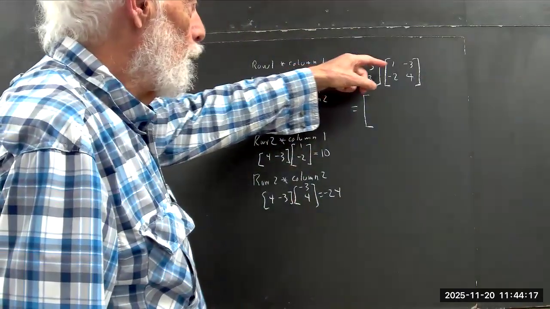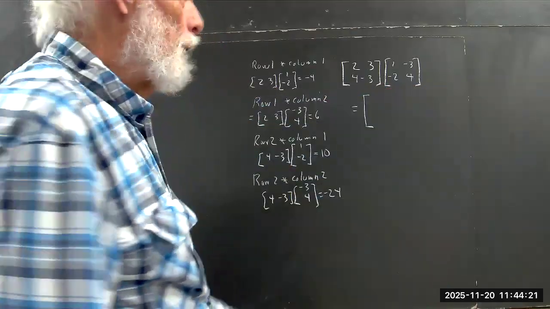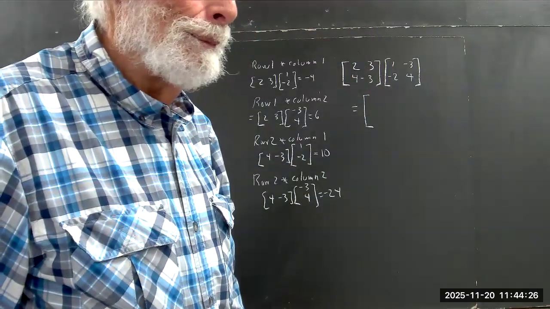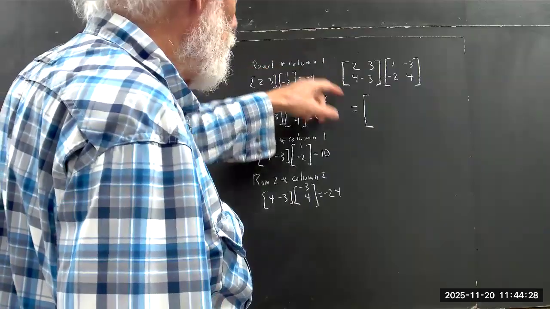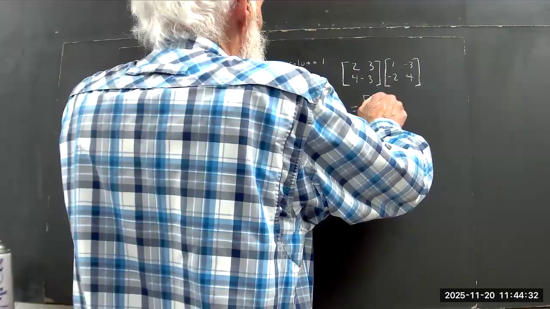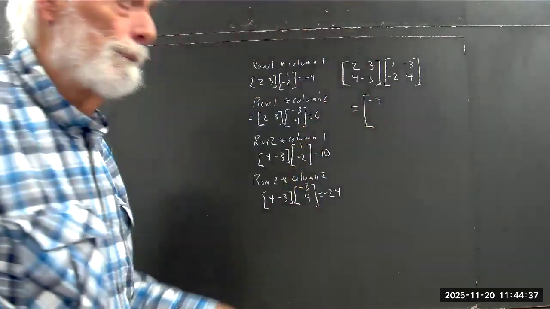The numbers we get from row one are going to go in row one of the product. The numbers we get from column one will go in column one of the product. So row one times column one is -4. That goes here because that's our first row and our first column.